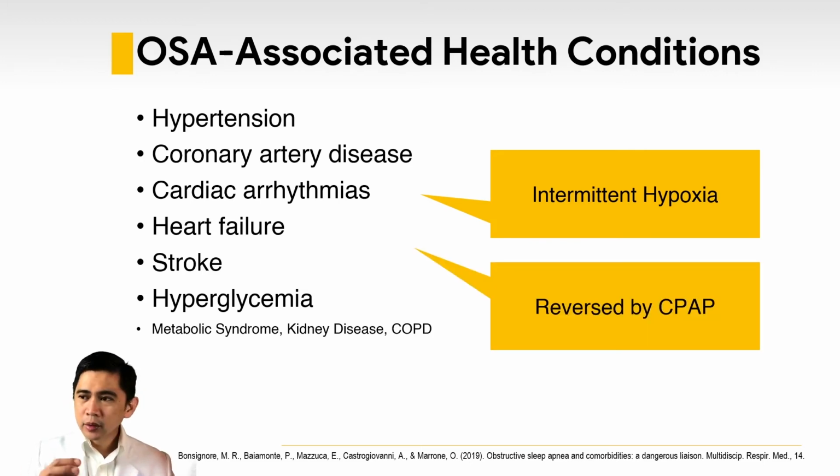When you reverse the OSA by CPAP, we'll talk about it later, you also treat these diseases. So these researchers have really linked OSA and the development of hypertension, coronary artery disease, etc. So there is a growing interest in sleep and the appearance of these chronic conditions in patients.